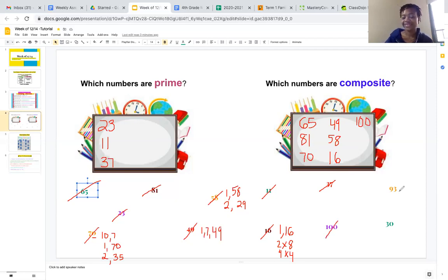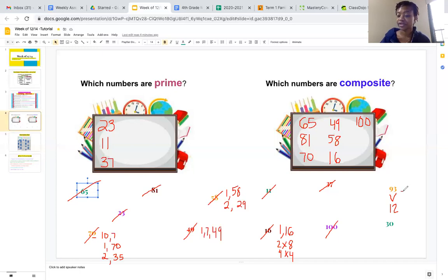And then we have 93. 93 is composite. Most people may not know that right off the top of their head, but keep those little tips and tricks in mind. With the 3 trick, if you add up the digits that make up the number, in this case, we would get 12. 12 is a multiple of the number 3.